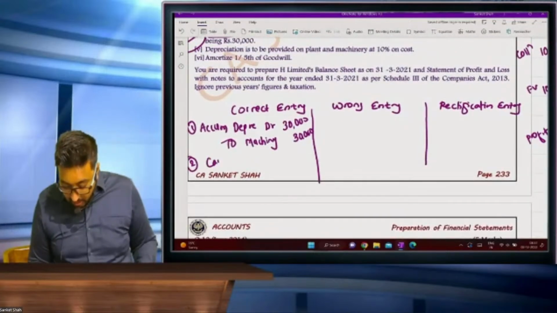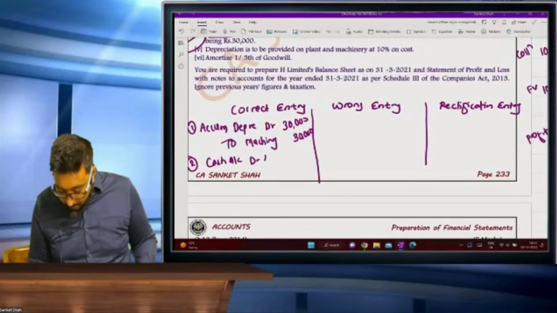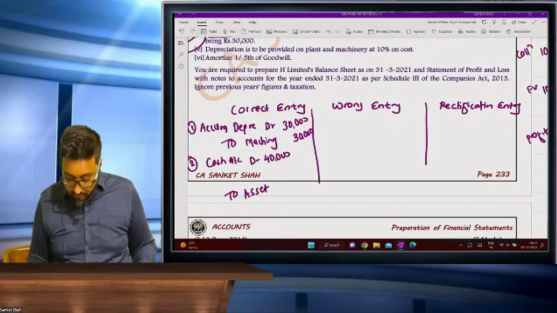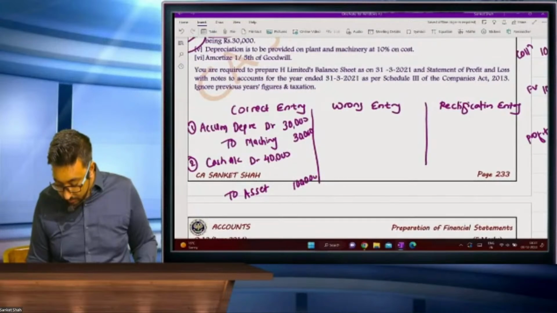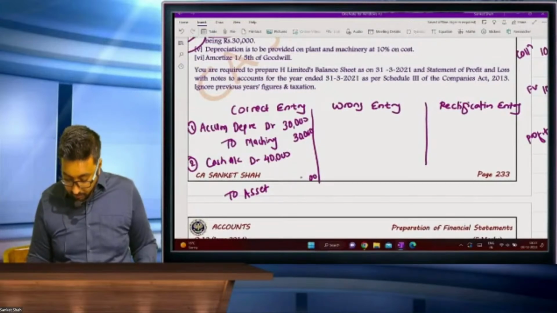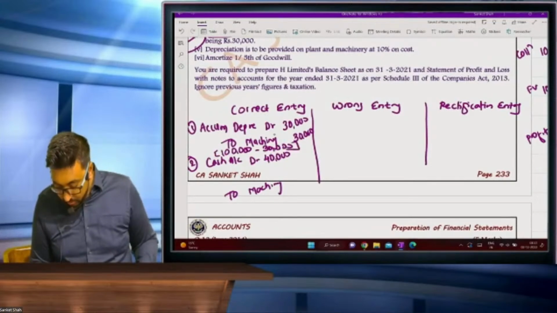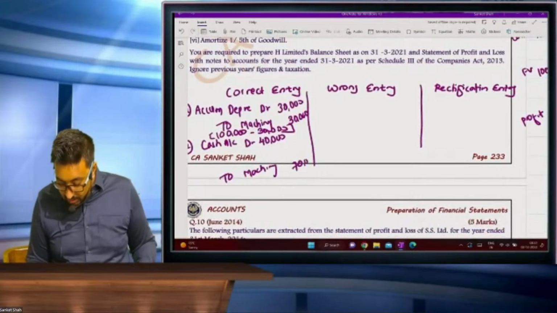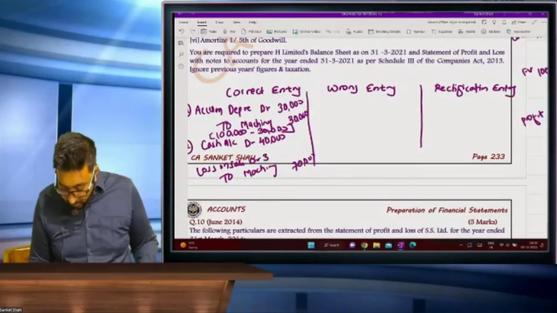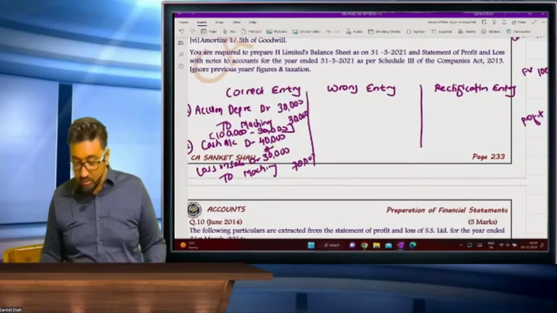And then cash account debit 40,000 to asset 1 lakh. Sorry, machinery, sorry. Now machinery is showing a balance. बेटा, 1 लाख की मशीनरी थी, 30,000 से reduce हुई ये entry के बाद. So to machinery 70,000 and loss on sale 30,000. Loss on sale is 30,000.